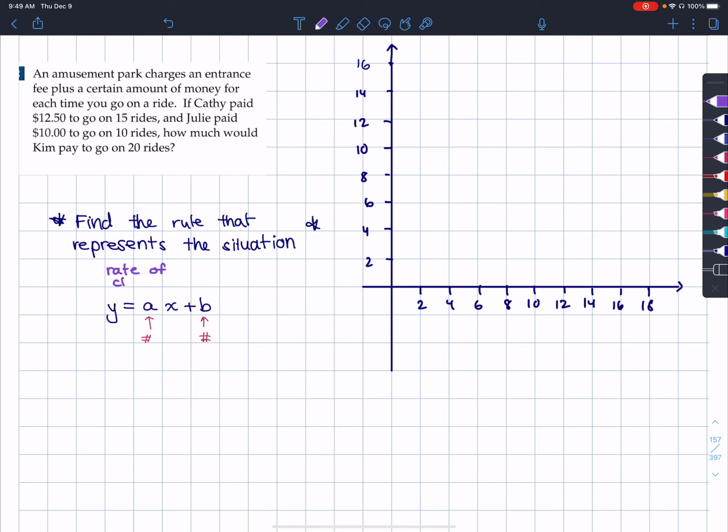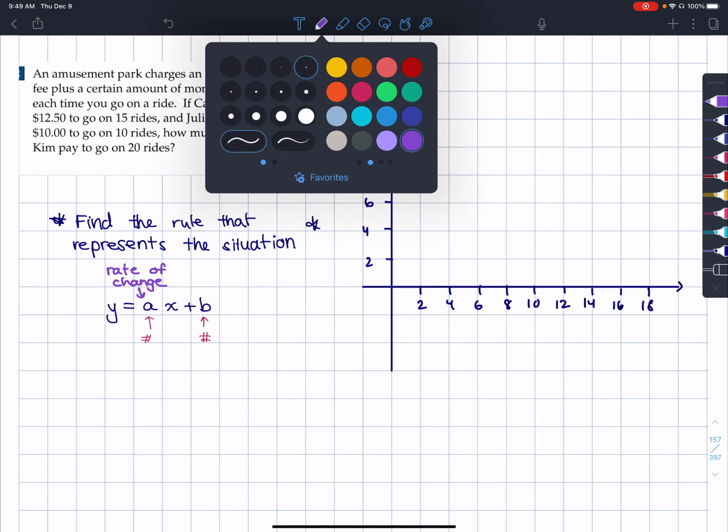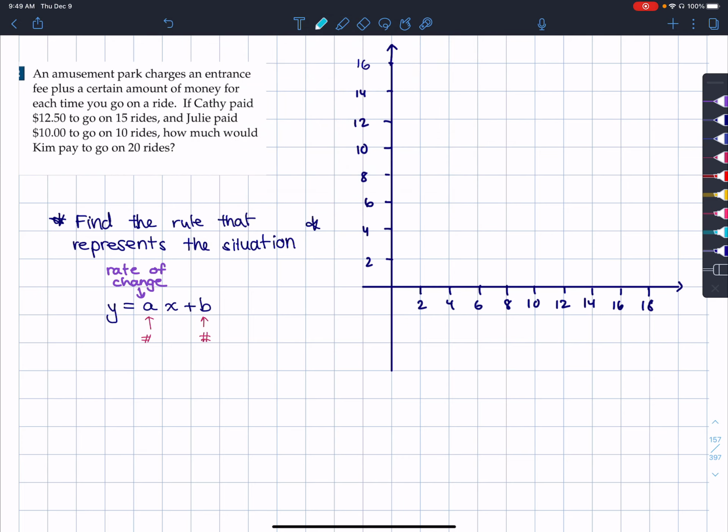You could have also heard it referred to as slope. Slope is a little bit more obvious when you're looking at a graph on why you would call it slope, because it's the way that the line is sloping, or how steep or how flat it is.